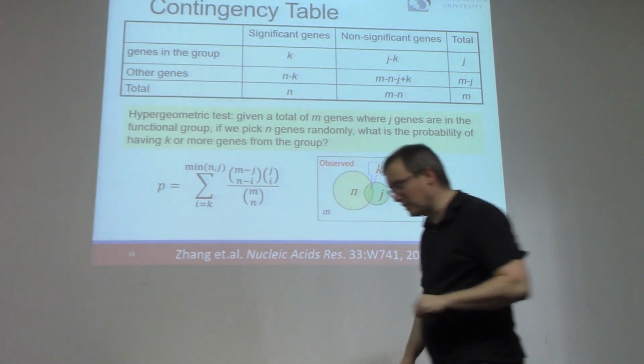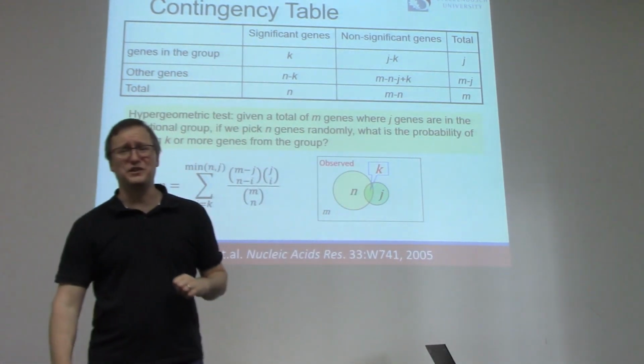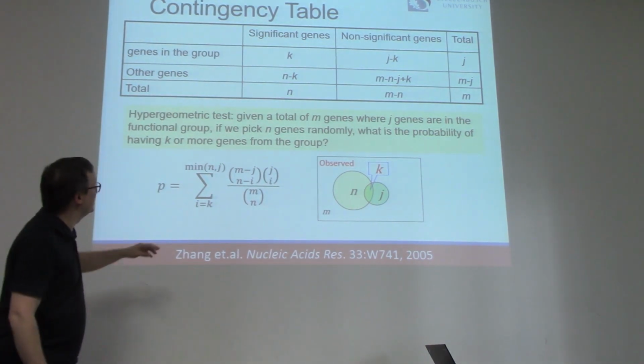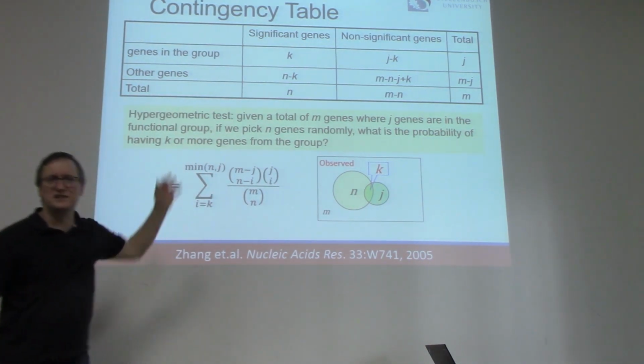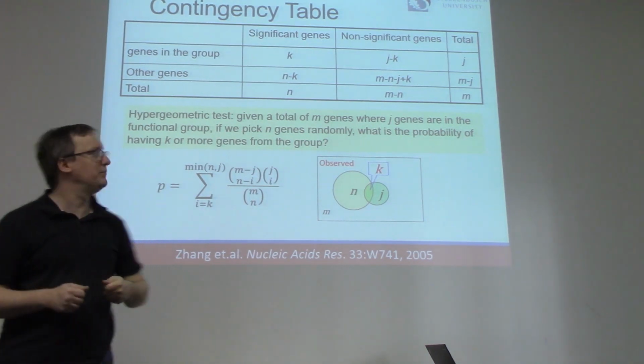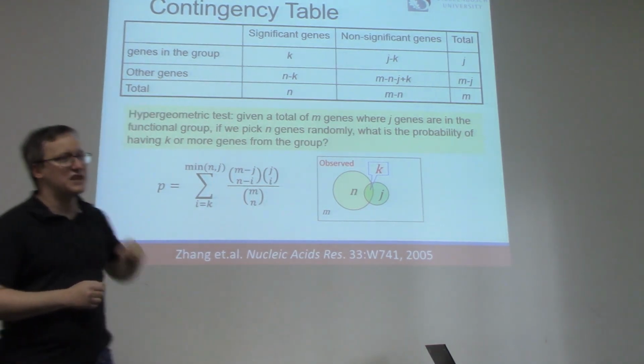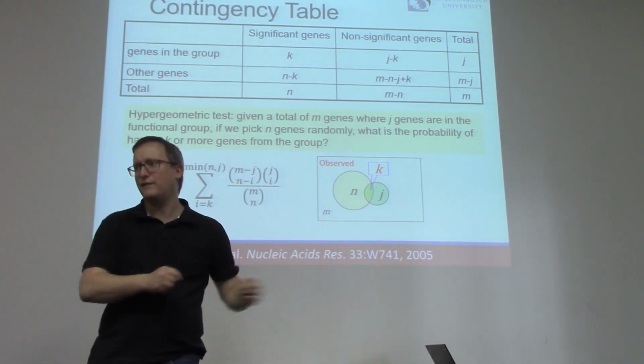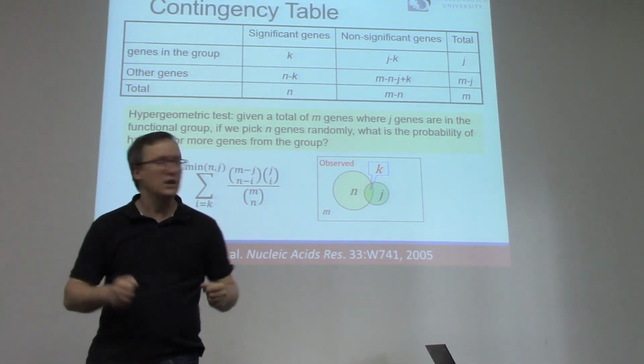So one of the most common approaches that we use is built on the hypergeometric distribution. The hypergeometric distribution lets us think of all of this in terms of a contingency table. So we have genes that we found to be differential on the left, genes that we did not find to be differential on the right.